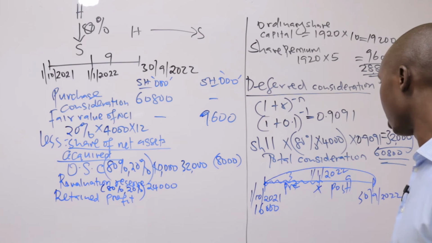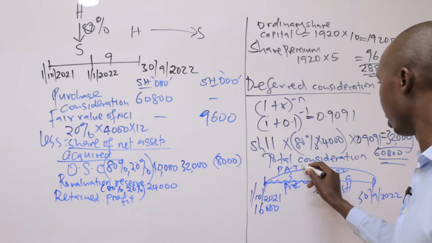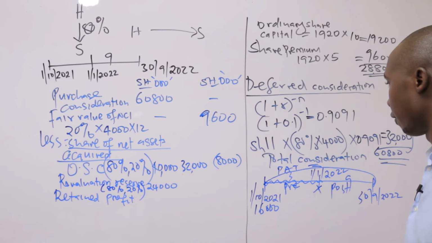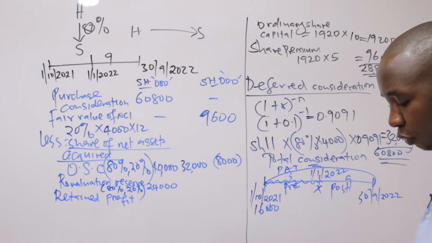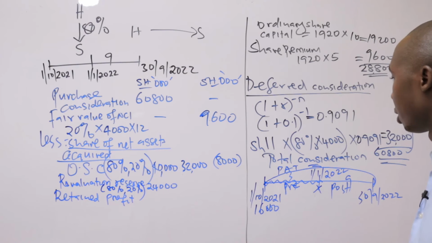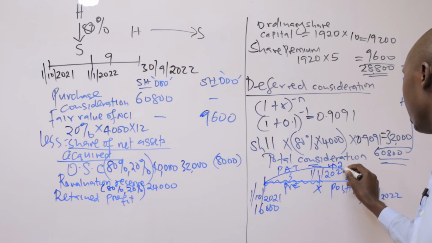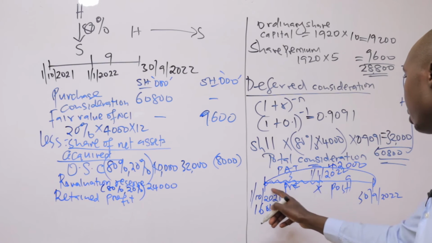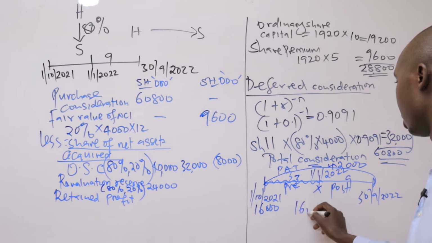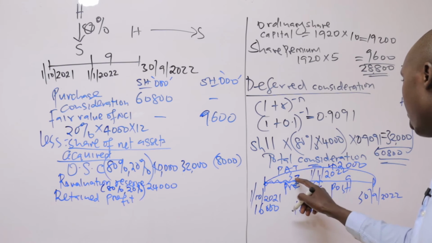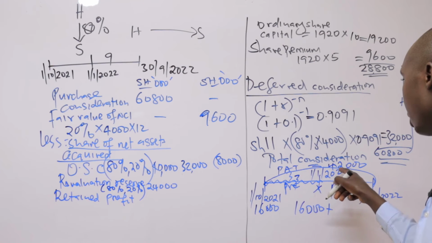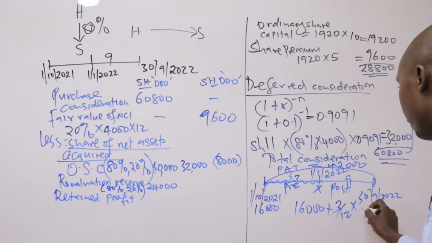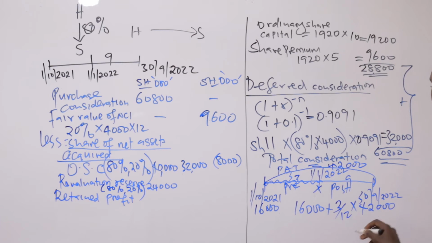That is the profit after tax from the profit and loss statement, which is 42,000. So I can get this for 3 months. So I will just take 16,000 plus this one. I would apportion for the first 3 months, 3 over 12 times 42,000. So that is what I'm supposed to do.